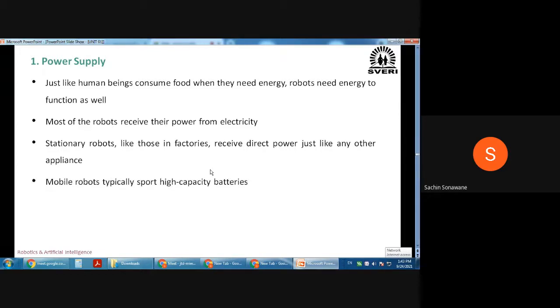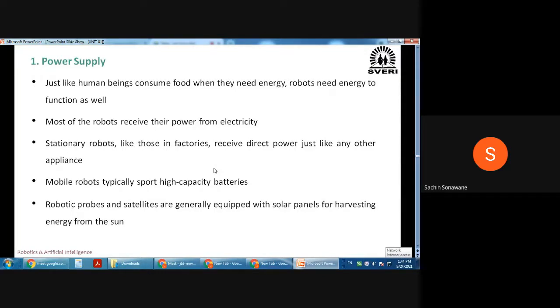Mobile robots typically sport high capacity batteries. Therefore, the function of the power supply is to provide energy or power to the robot for doing certain operations or functions for what robot is intended. Therefore, different types of power supplies are there. Battery, then DC power supply, AC power supply, servo motors are there, then hydraulic actuation is there, pneumatic actuation is there.